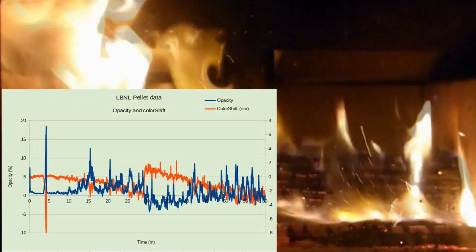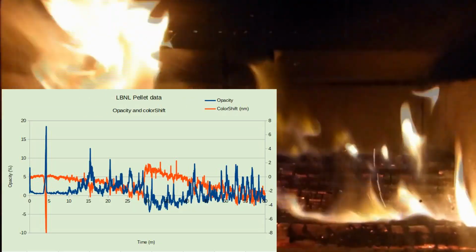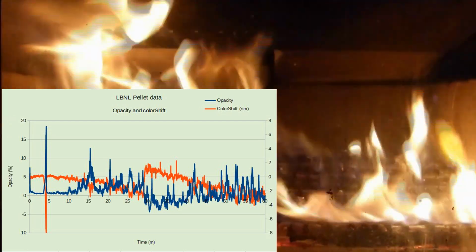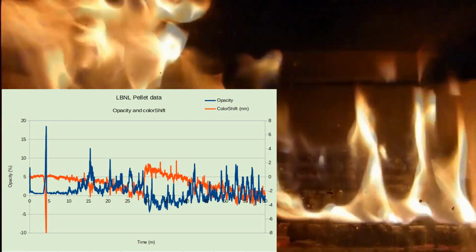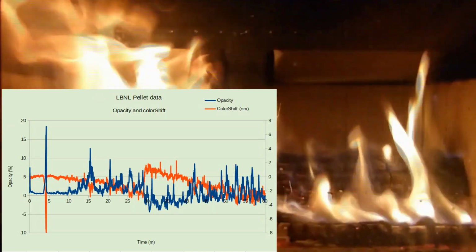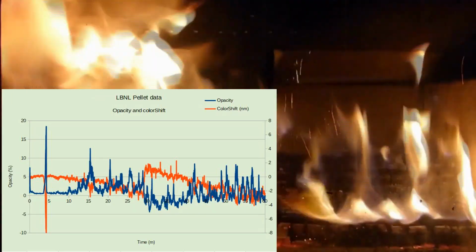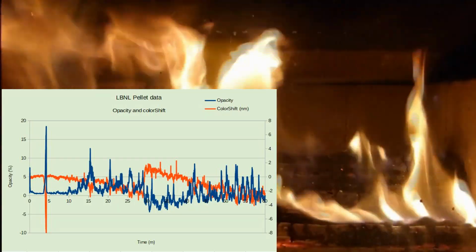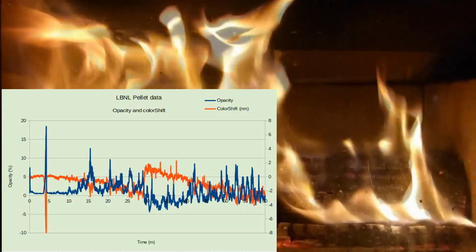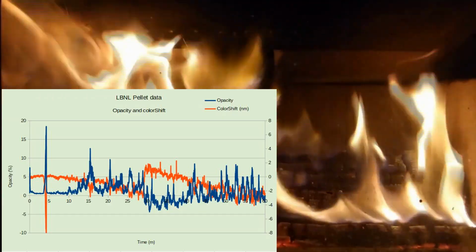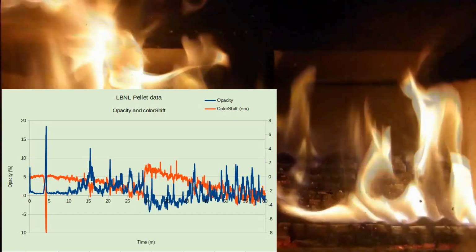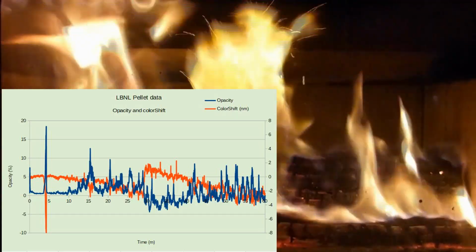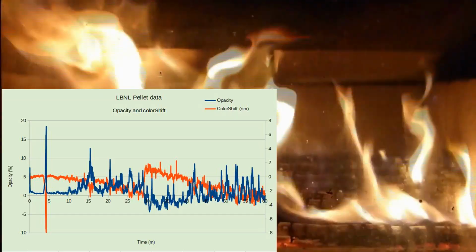It's quite clear what's going on here. The other thing, the red line, is the color shift. You can see that it does certain things in sync with the opacity. When you have a strong opacity signal, you'll also get a strong but possibly negative color shift signal. It's a different type of signal in that we're shifting the color to one side. Red would be up and blue would be down.